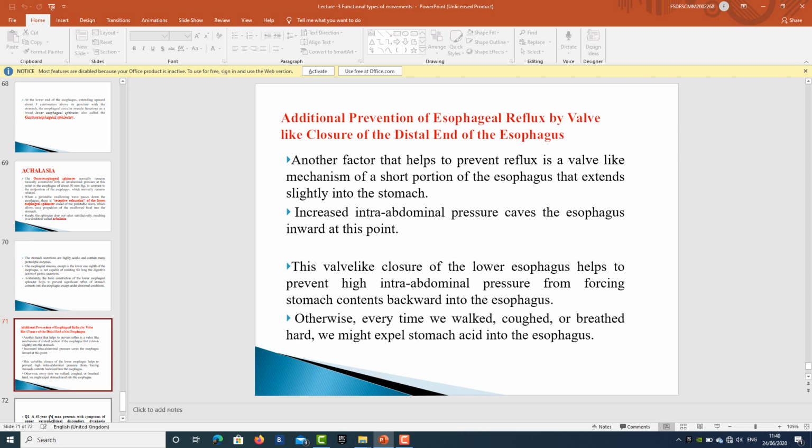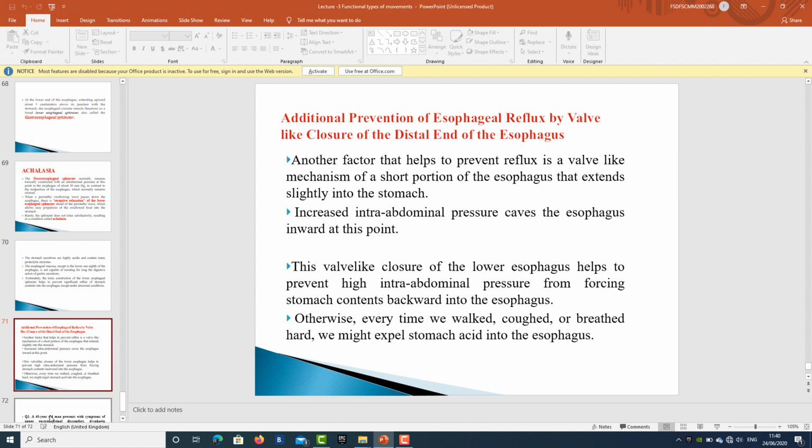Additional prevention of esophageal reflux by a valve-like closure of the distal end of esophagus. Another factor that helps to prevent reflux is a valve-like mechanism of a short portion of the esophagus that extends slightly into the stomach. Increased intra-abdominal pressure caves the esophagus inward at this point.